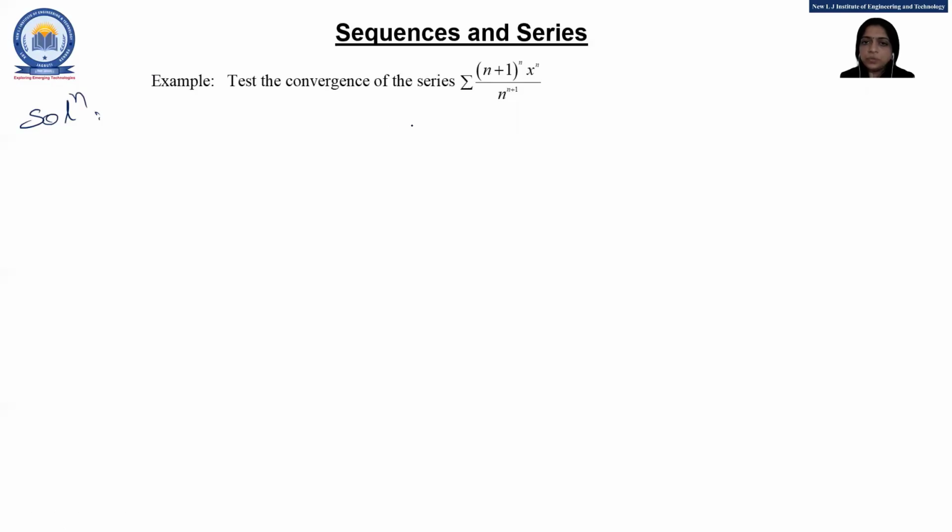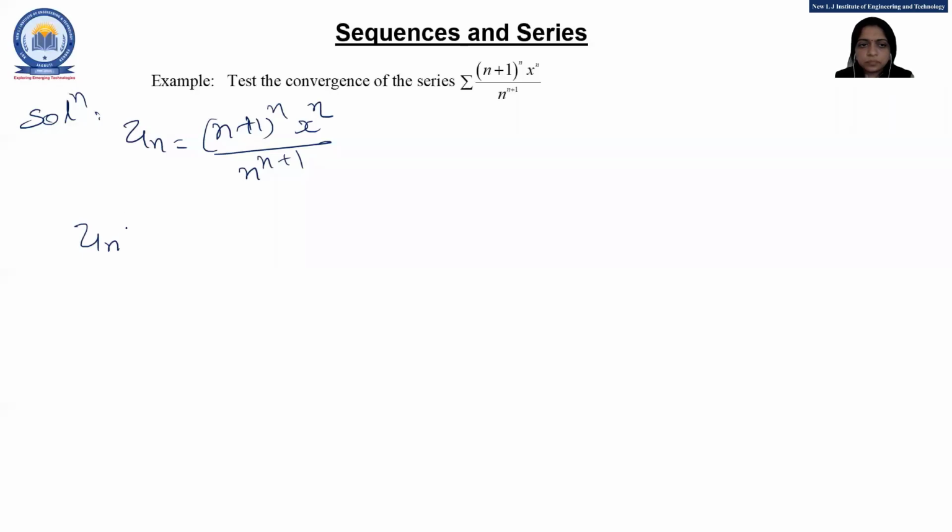Students, as I told you, you may apply another method also, but now we are doing the root test, right? So I am going to apply the root test here. That's why, what is my nth term? My nth term is (n plus 1) raised to n into x raised to n upon n raised to (n plus 1).